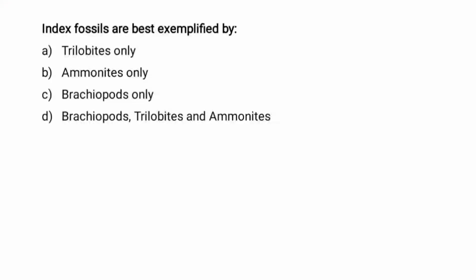Graptolites lived from the Cambrian period, about 540 to 500 million years ago, to the early Carboniferous period, which is 360 to 320 million years ago. Trilobites were common during the Paleozoic era, about 540 to 245 million years ago. About half of the Paleozoic fossils are trilobites. They evolved at the beginning of Paleozoic era and went extinct during late Permian period, which is about 248 million years ago. So all of the three examples show the index fossil.